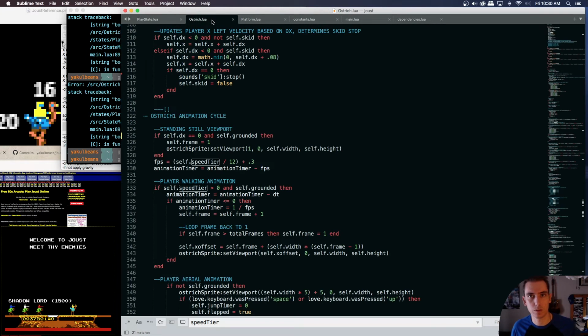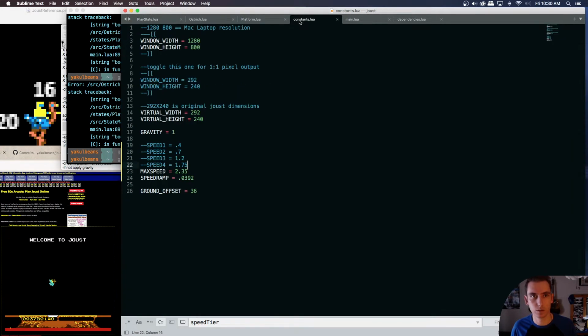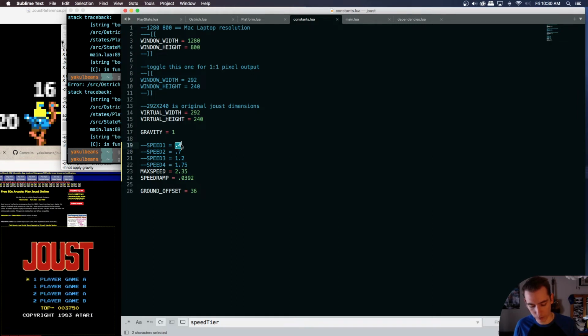So even though speedTier 1 is speedTier 1, that speedTier is actually right here. SpeedTier 1 is actually negative speed 1, which was this 0.4. So our FPS for our speedTier 1 should be 0.4 plus 0.3.